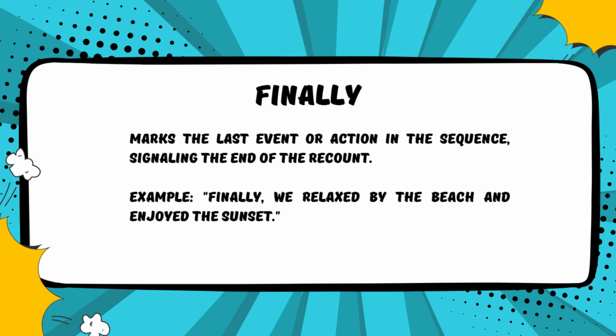For example, finally, we relaxed by the beach and enjoyed the sunset. The example fits because it clearly describes the final step in a sequence of actions. After all the previous events, this is the last and closing action of the day. It wraps up the recount, making it complete.